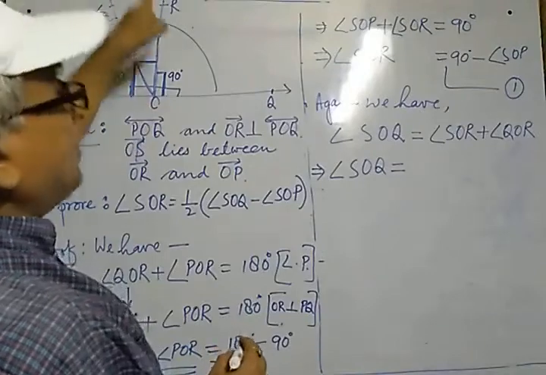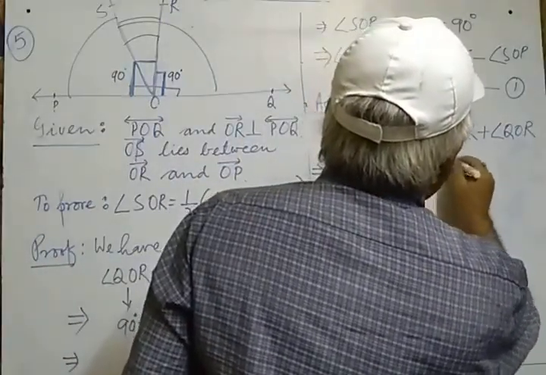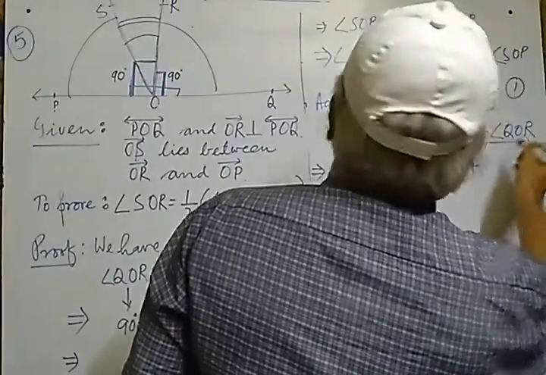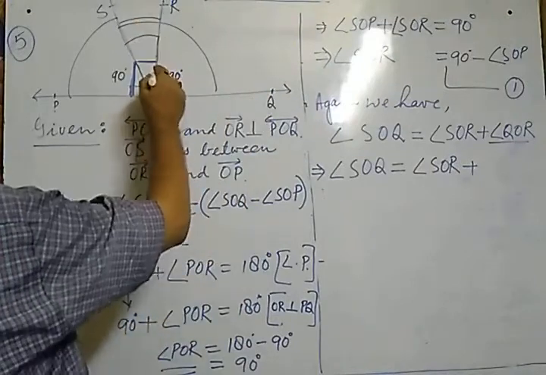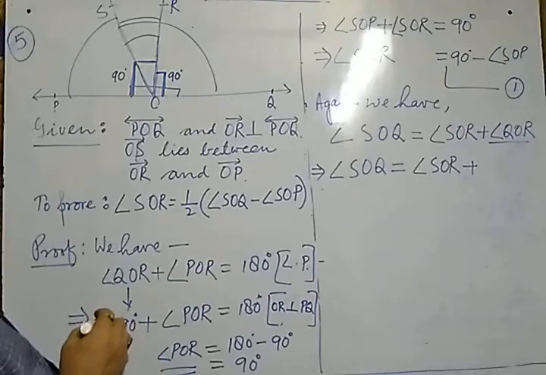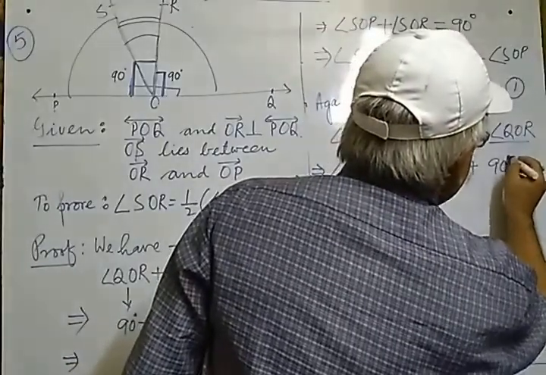SOR will be noted down as it is, angle SOR plus the value of angle QOR. The value of angle QOR is 90 degrees. In the place of QOR we have to note down 90 degrees.